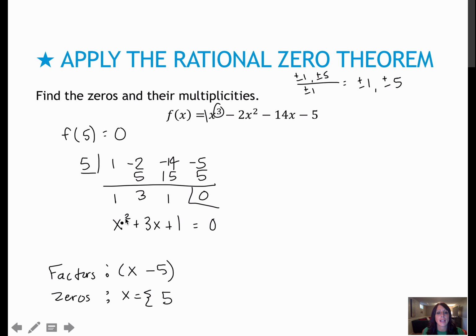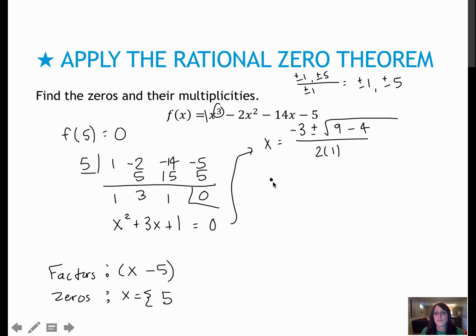Now I'm going to look at x squared plus 3x plus 1, and that does not appear to factor to me because there are no numbers that multiply to 1 that add to 3, unfortunately. So that means now I'm going to have to use the quadratic formula. So I'm going to say x equals the opposite of b plus or minus the square root of b squared minus 4 times 1 times 1 all over 2a.